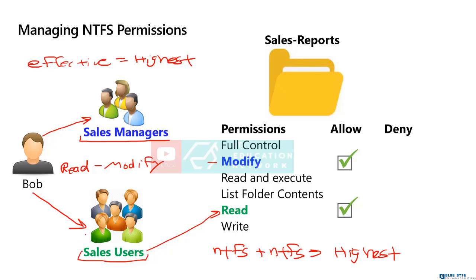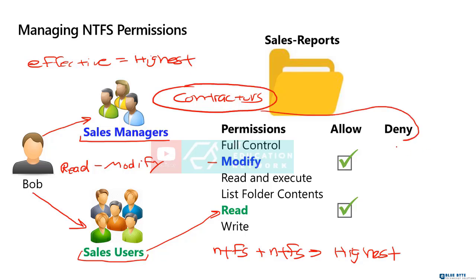The other thing we have to be aware of, which is not often used, let's say we add a group named contractors. Contractors are denied access. So somebody explicitly clicks the deny column for all these permissions for contractors.